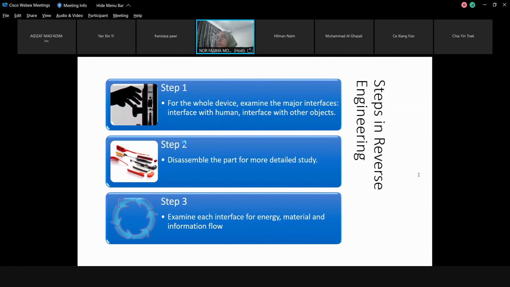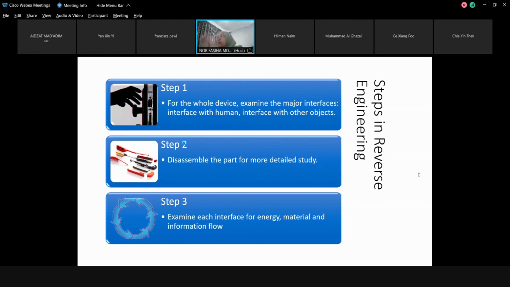The reverse engineering is related to the product association. We study an existing product. We understand the functions by doing function analysis, by understanding the force flow happening inside the product.